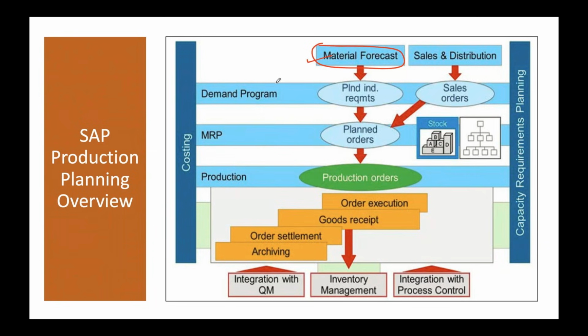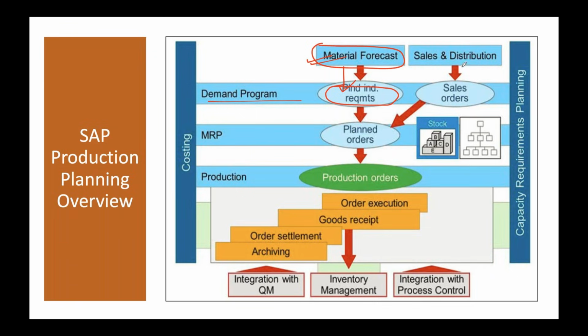They take the previous sales data of a product and, based on that, come up with a future forecast. That forecast they will enter into the SAP system as planned independent requirements, demand.